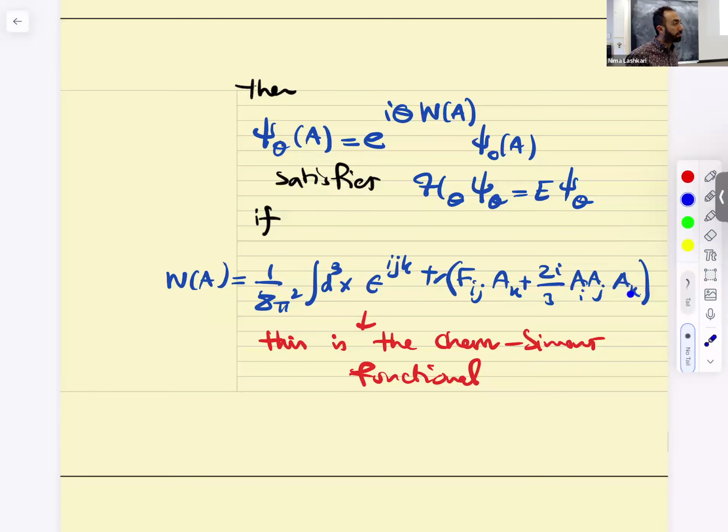This term is not there. Now I ended up with two terms. One of them ended up being a boundary term, which doesn't matter. So this n I'm talking about is relevant for the non-abelian gauge.